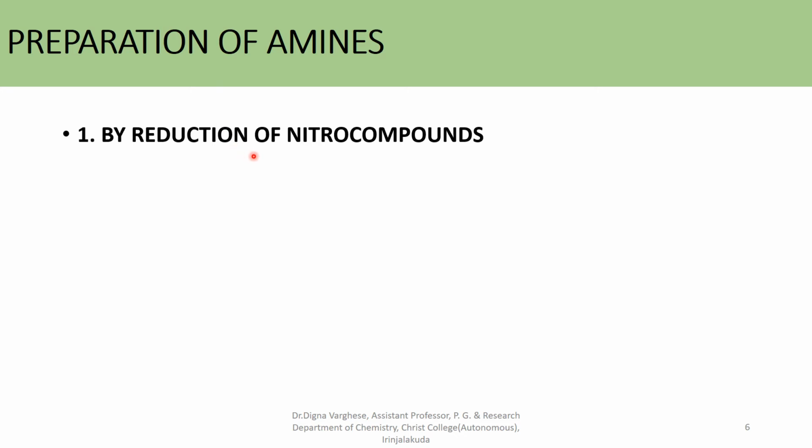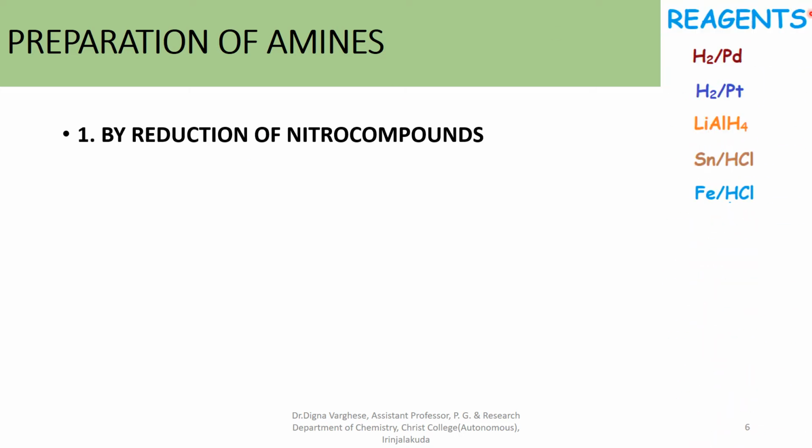The reagents used for the reaction are hydrogen on palladium, hydrogen on platinum, lithium aluminum hydride, tin HCl, or iron on HCl. So these are the reagents used for the reduction of nitro compounds, which converts nitro compounds into amines.